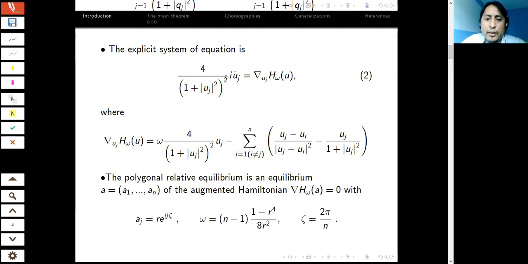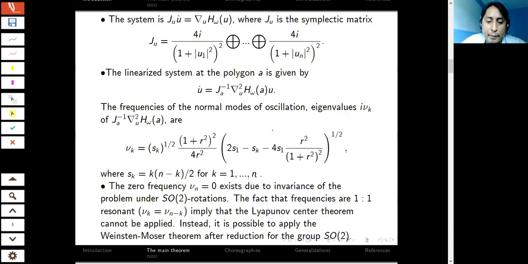That's not too difficult because instead of having complex components u, you can write them in terms of radius and angle. Then you can reduce it just by eliminating one angle. For that reduced system, you can apply the Weinstein-Moser theorem to prove the existence of solutions when you have this double eigenvalue. Okay, that would be one procedure.